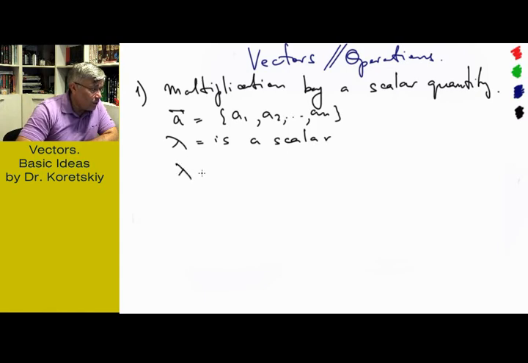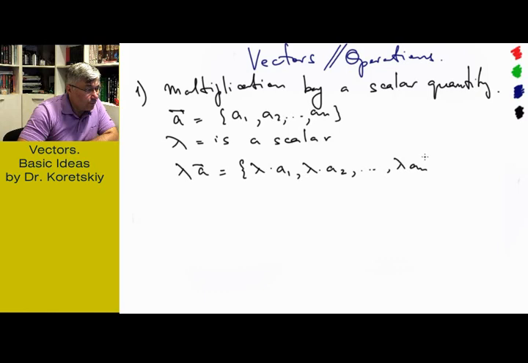So multiplication by a scalar means that you have to multiply all components of the vector by this given number. Next, our examples. Lambda, for example, equals 0.